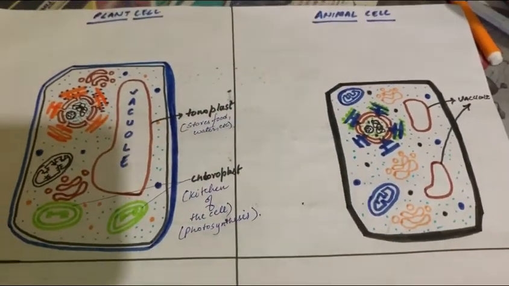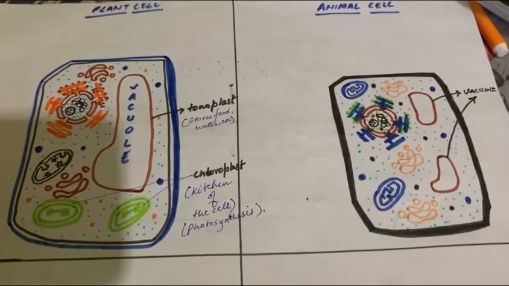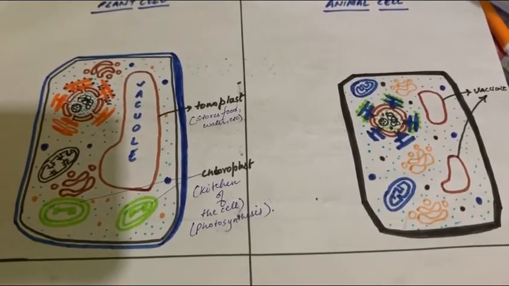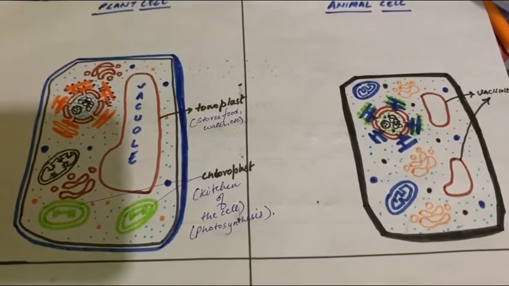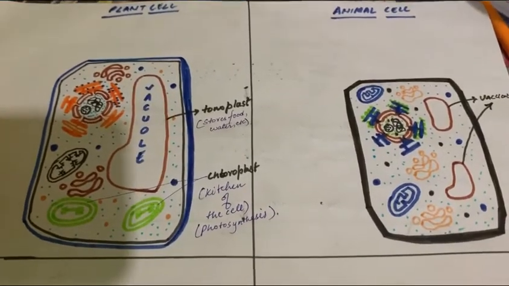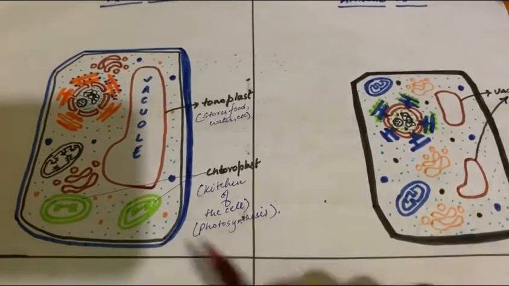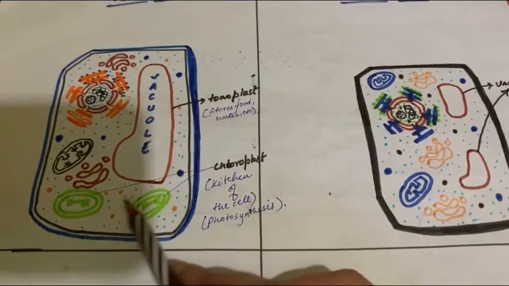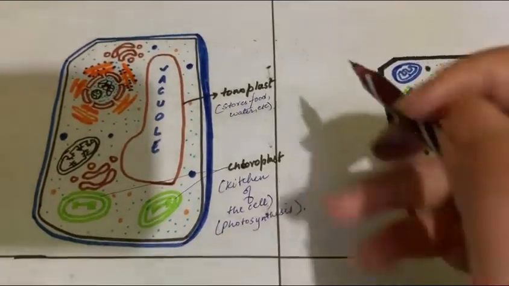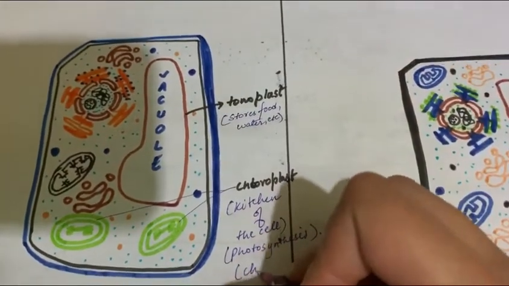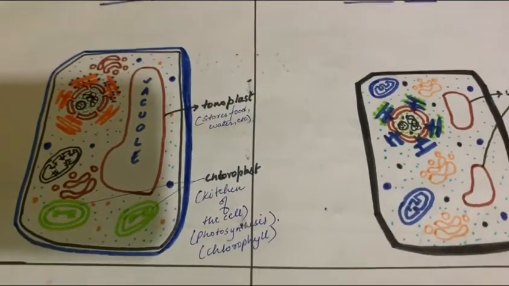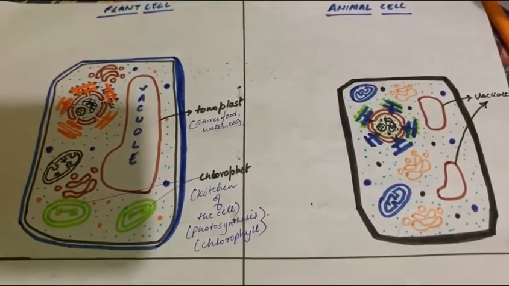Basically, photosynthesis is a process for the formation of food, or formation of glucose, to get energy. Always remember, it is the main site of formation of glucose by photosynthesis using carbon dioxide and water through leaves, and leaves comprise maximum chloroplast. I'm showing it in green color because it comprises a green pigment. That is chlorophyll. Chlorophyll is the green pigment.